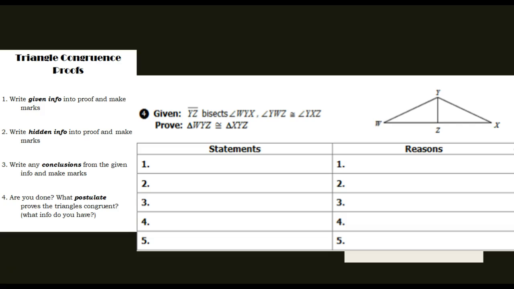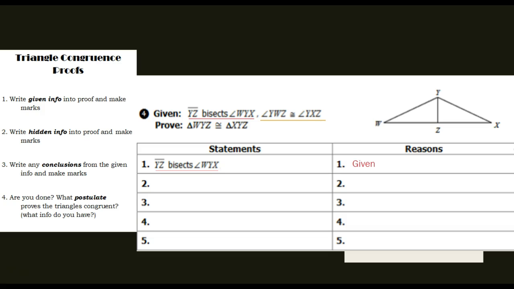So step 1, write your givens. So YZ bisects angle WYX. So we're going to write that in the given. And we're going to, oh no, I didn't make my marks. Well, there's no mark to make necessarily from the bisecting, but remember it's going to have a conclusion that we can draw from that word bisect, and it'll tell us something.